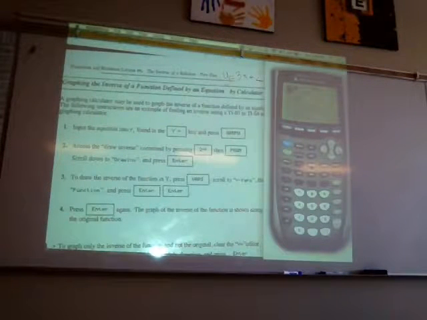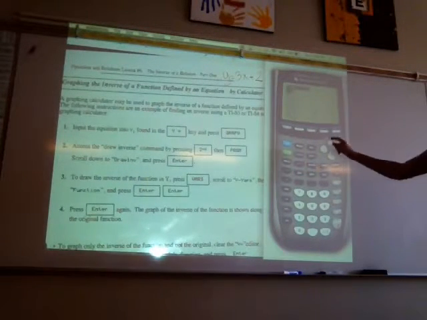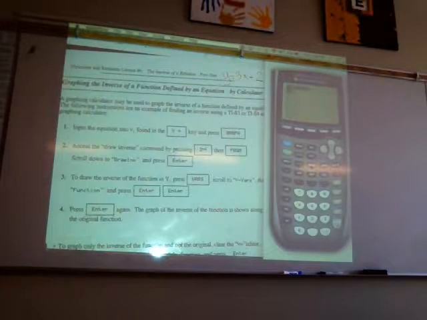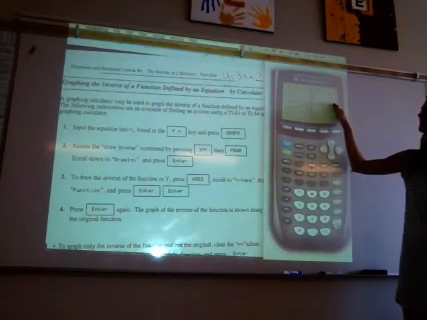Then slide over to y vars. Number 1 for function, press enter. We've only inputted a function in y1, so we want to press enter again on y1. And then press enter one more time. And voila, here is our inverse.